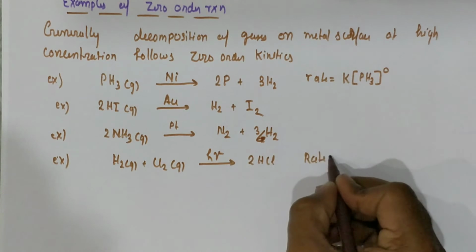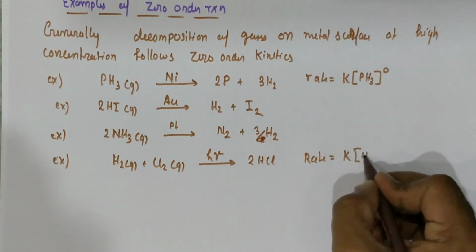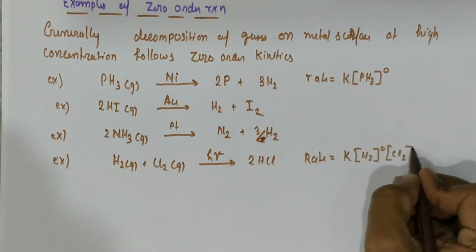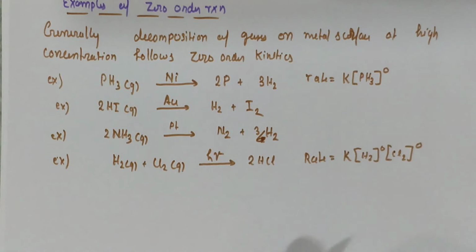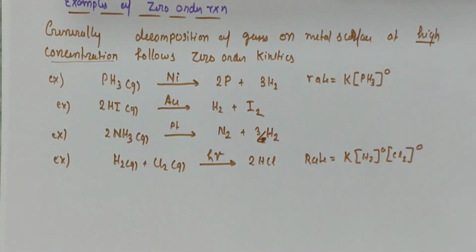Here the rate of the reaction is K into concentration of H2 to the power 0, Cl2 to the power 0. That means it is a zero order reaction. So generally decomposition of gas on the metal surface generally follows a zero order reaction when the concentration of gases is high.